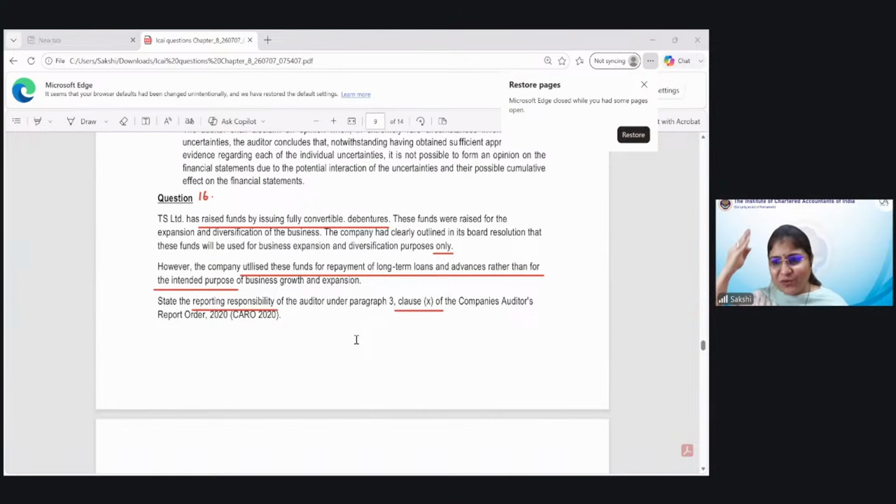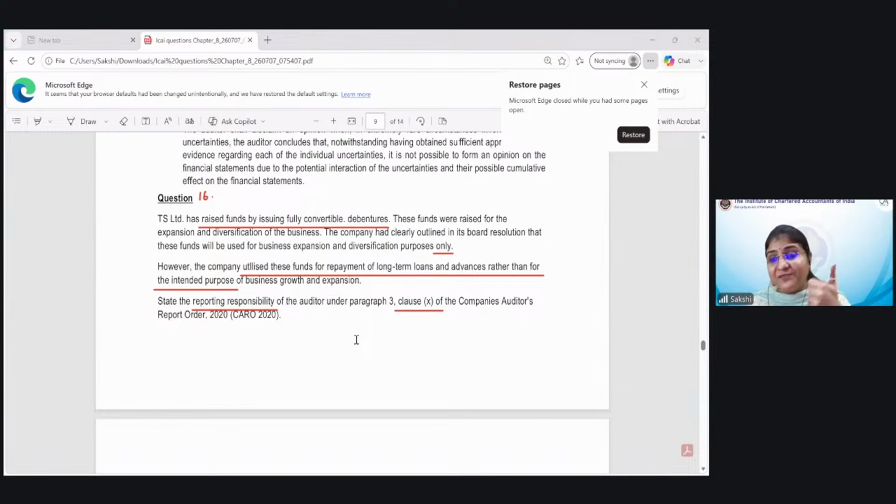What was 62? That shares have to be first offered to existing shareholders, like your ESOP or your rights issue. They have to be issued first to the existing shareholders, and then you give it to the rest of the public. So you have to see whether sections 42 and 62 are complied with.